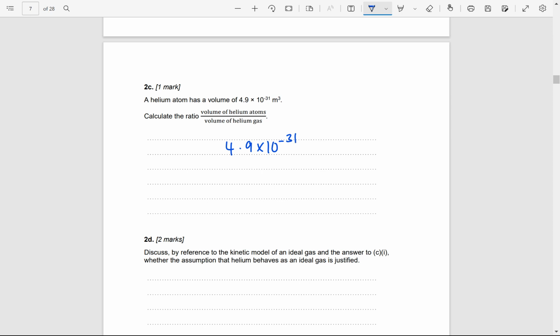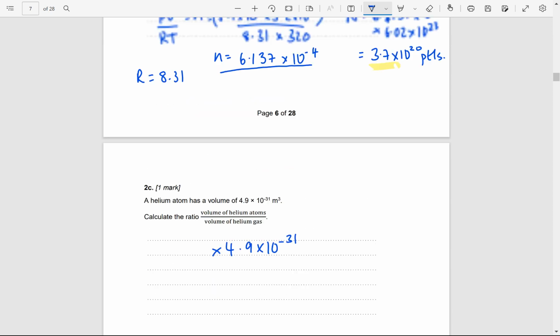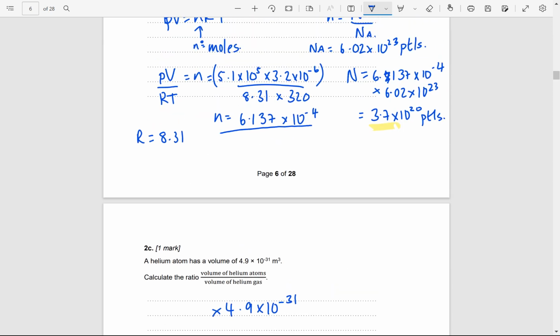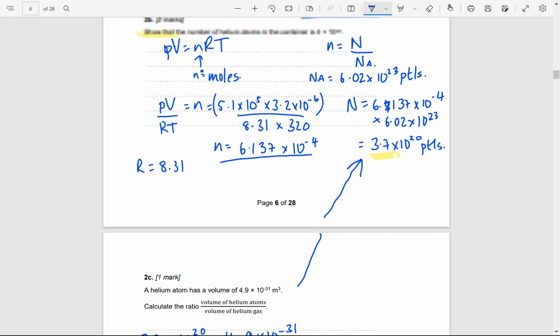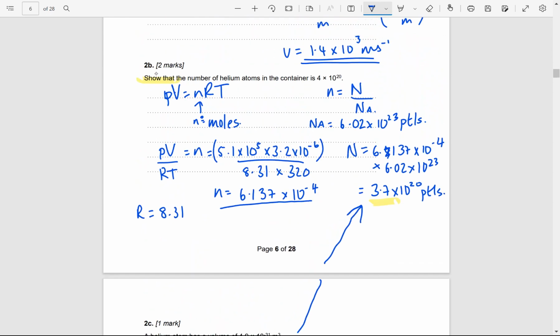So that's how much space one helium atom takes up, but we don't have one. We have this many. So we have to multiply. And that's why it's a show that.